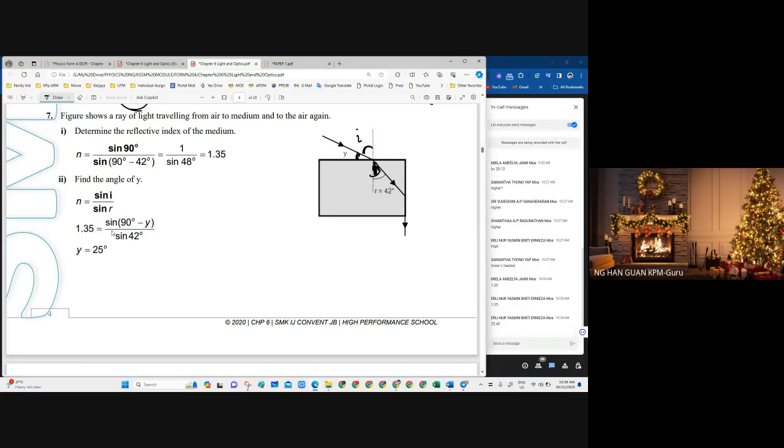I don't encourage you to substitute everything together into the formula. I encourage you to find the angle I first, and then use 90 degrees minus the angle I to get the angle Y. Do it step by step, slowly. It's better. Then you get 25 degrees here.